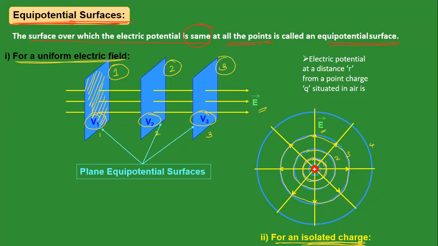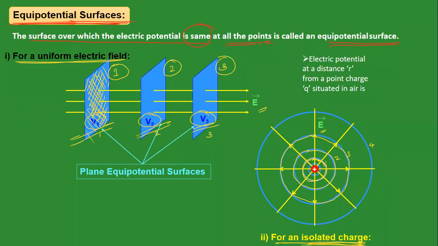Here we show four equipotential surfaces. Remember, the potentials of all four surfaces are different. In this diagram V1, V2, V3 are not the same, that you remember. But all points of each surface have equal potential.